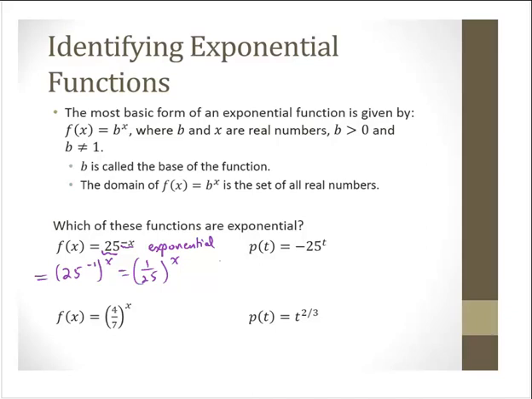Let's look at the second example. Here we have p of t is equal to negative, or maybe I should say the opposite of 25 to the t. So we have 25 raised to the t power, and then that's being multiplied by negative 1. Now be careful. Okay, so this is exponential.